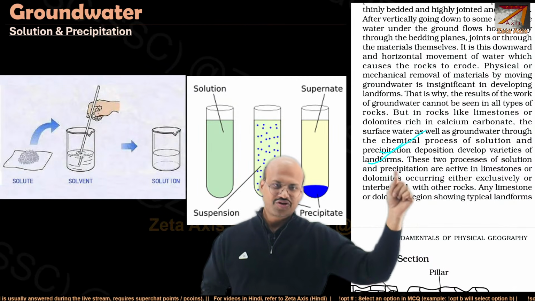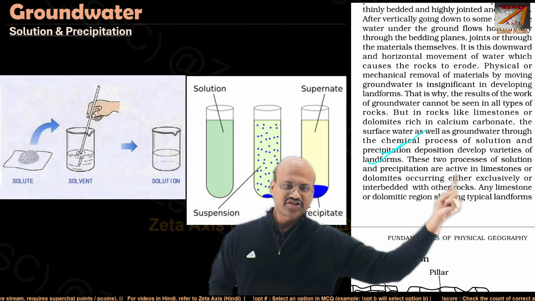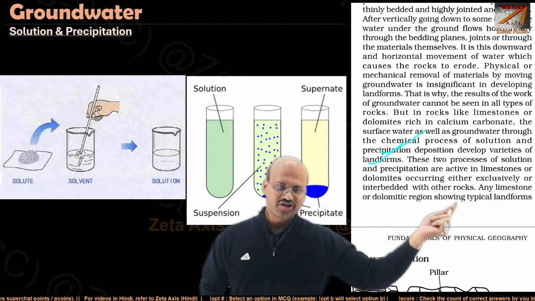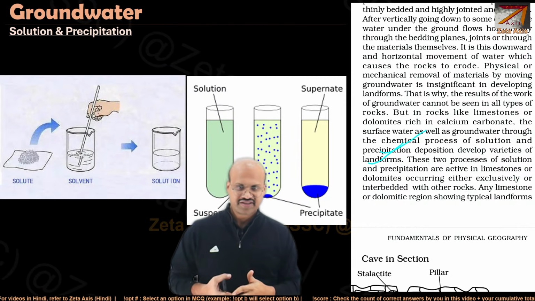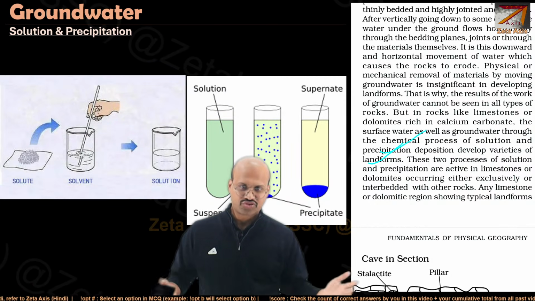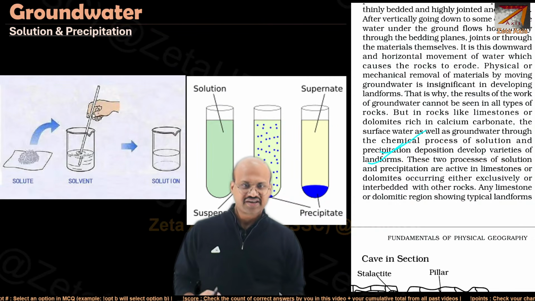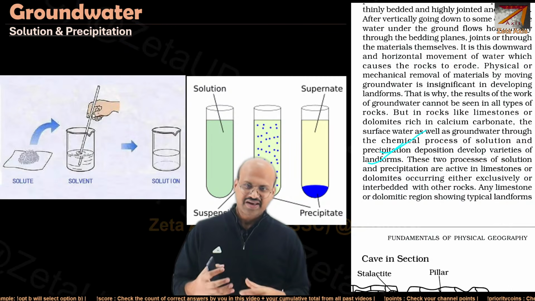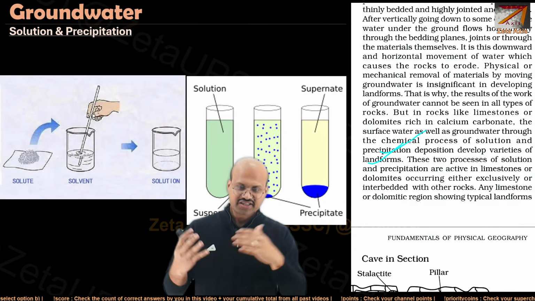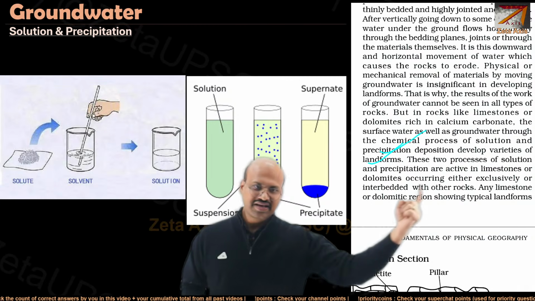These two processes of solution and precipitation are active in limestone or dolomites, occurring either exclusively or interbedded with other rocks. So if there is a region where all the surface rocks are made of limestone or dolomite, there you will see them, and there are also regions where these limestones and dolomites are embedded, meaning there are other rocks surrounding them.